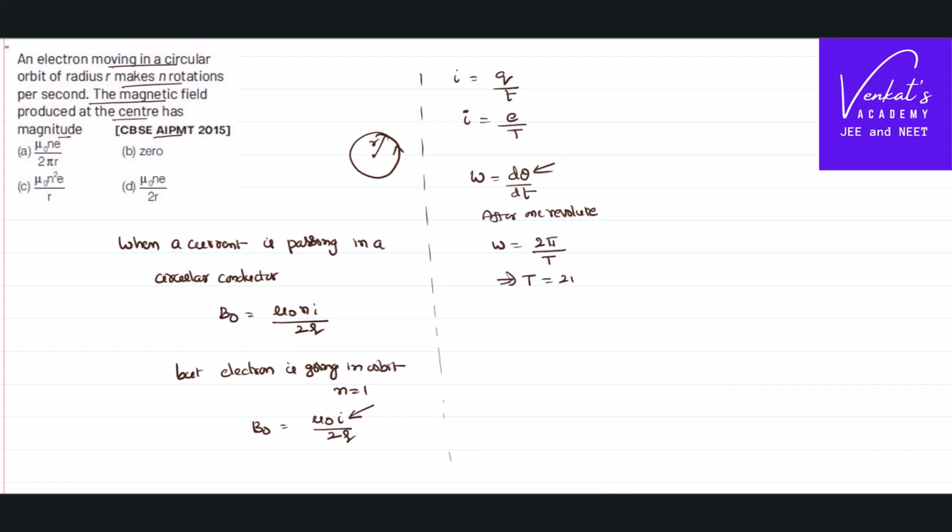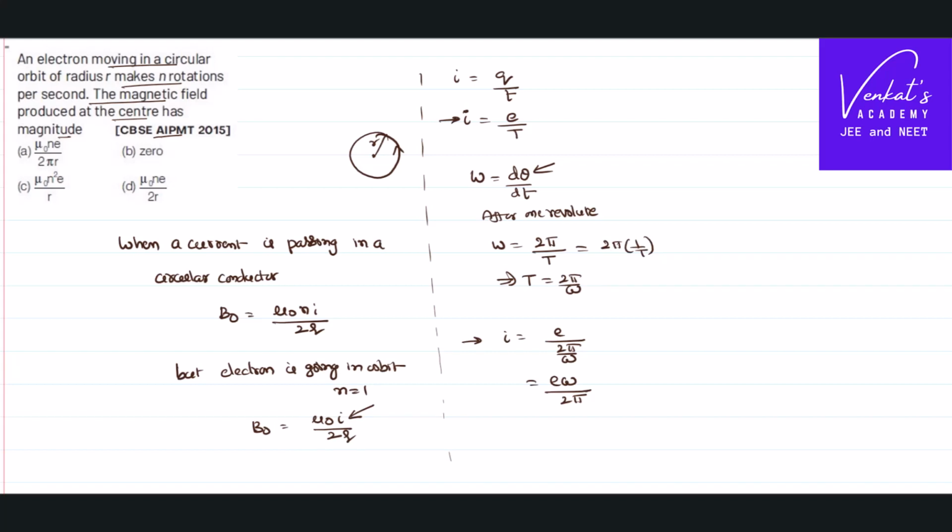That implies in the place of time period I can write 2 pi by omega. So, current will be rewritten as I equal to e by (2 pi by omega), that is e omega by 2 pi. But omega can be further written like 2 pi into 1 by time period.